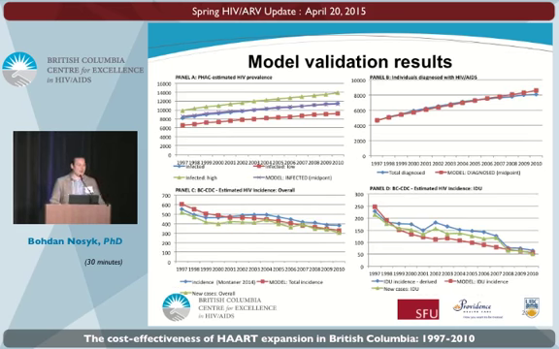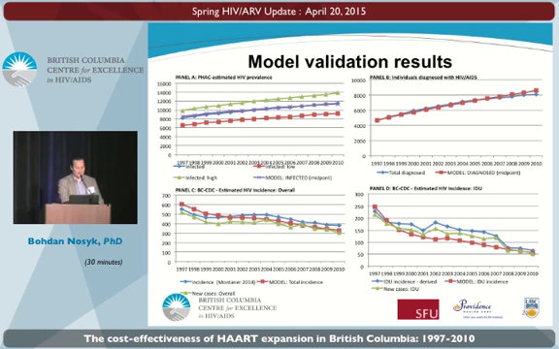Once we did that, we were able to validate our model to a very specific level. In the top panel, the purple line is our model estimated overall prevalence, and the blue line is the PHAC estimate for prevalence for our province. In the right panel, we have the number of diagnosed, the true number in red, and the modeled estimate in blue. And on the bottom, we have our estimated HIV incidence.